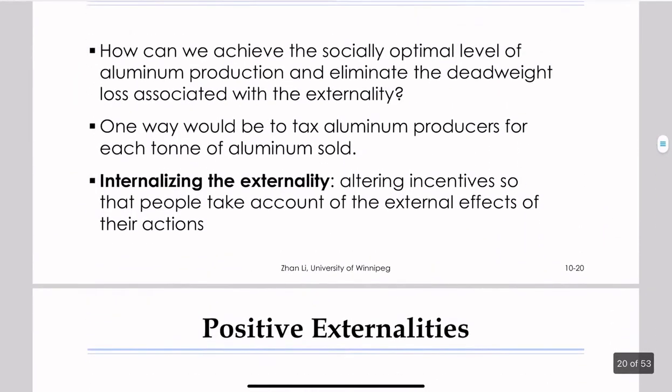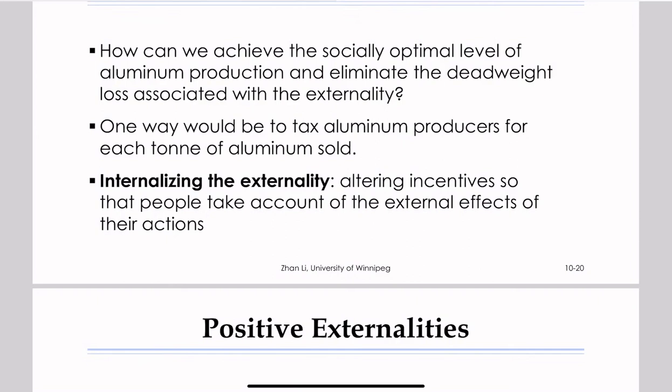So the way of using tax to solve negative externality is called internalizing the externality. In the pollution case, when you're imposing a tax on the producer, the producer will have an incentive to reduce pollution, because now pollution becomes expensive because there is this tax.